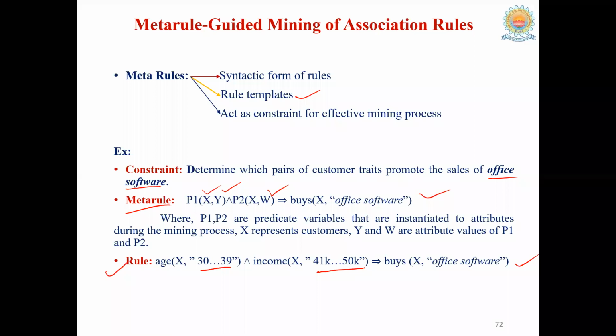So what is the meaning of this rule? If the age of x is between 30 to 39 and income is 41 to 50,000, then he may probably buy the office software. In this way, based on certain constraints and by following the meta rule, you can extract the actual rules.